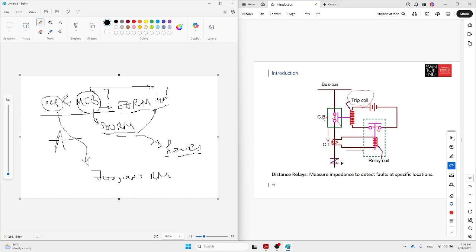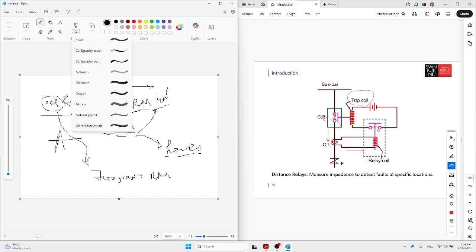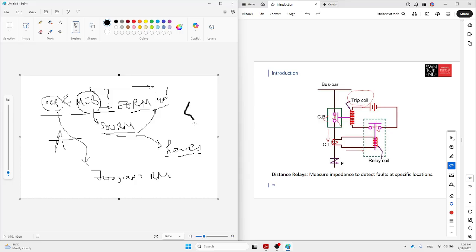Only the overcurrent relay, which I think you will see in the next semesters, year three, semester one or two, in power system operation and control. In the lab you will see a static relay, which you use as the overcurrent relay. The idea behind it is something like that.